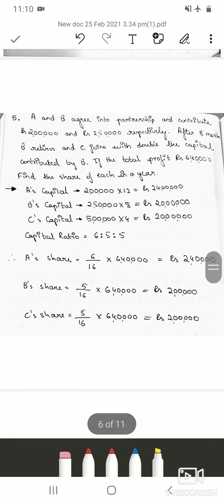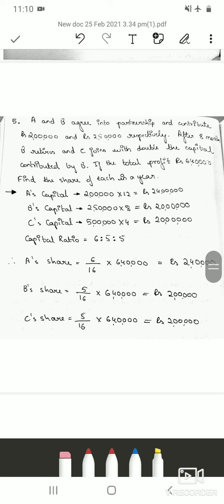So the fifth problem is: A and B enter into partnership and contribute rupees 2 lakhs and rupees 2 lakhs 50,000 respectively. After 8 months, B retires and C joins with double the capital contributed by B. If the total profit is rupees 6 lakh 40,000, find the share of each in a year.